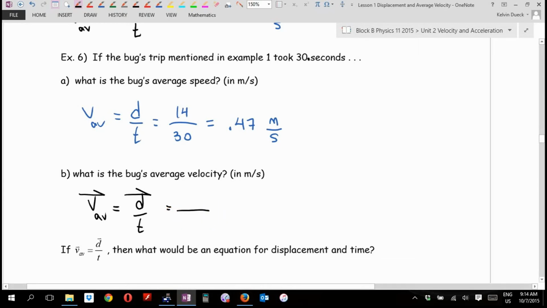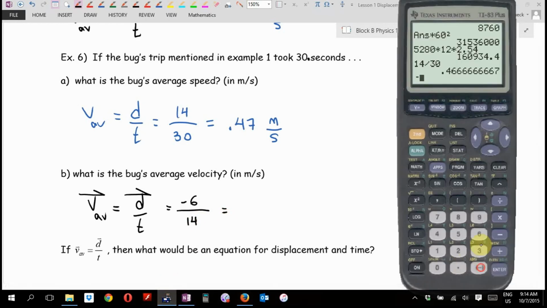What is its average velocity? Well, what was its displacement? Was it -6 in 14 seconds? -0.43. 30 seconds, sorry. -6 divided by, I was looking at the 14 in the previous question. 30 seconds.